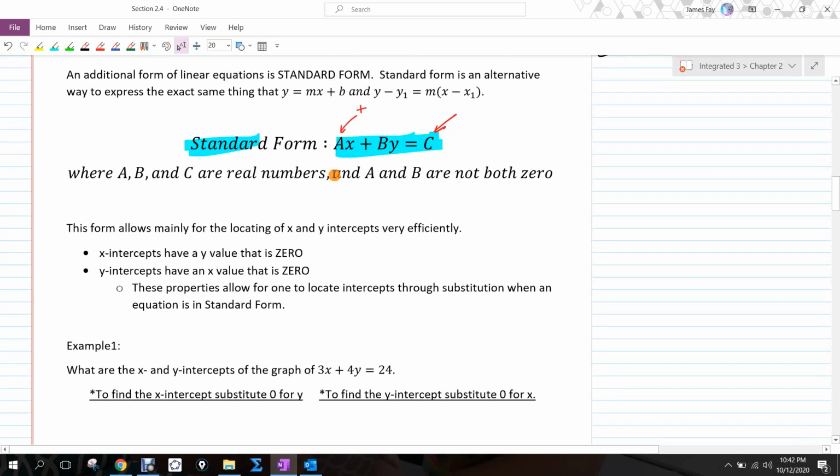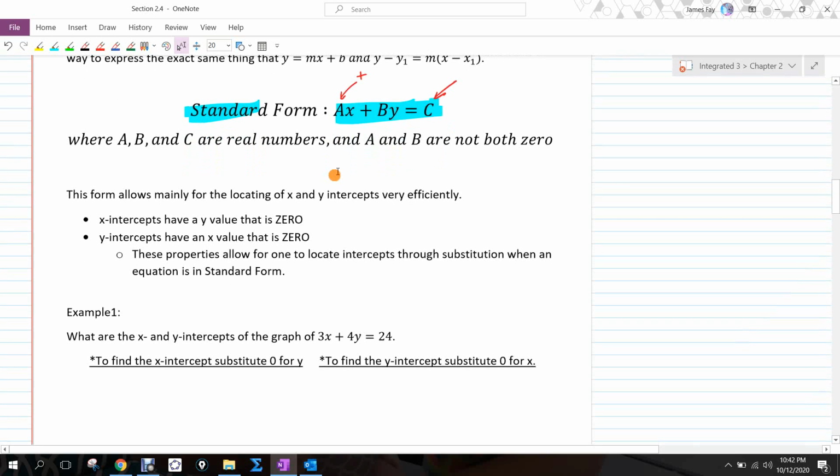But what's nice about this standard form is when I find an x-intercept, think about an x-intercept. Take a line here, and I want to find that point right there. That's the x-intercept. If I look at that x-intercept, I know automatically, because it's on this horizontal axis right here, I know the y value is 0.